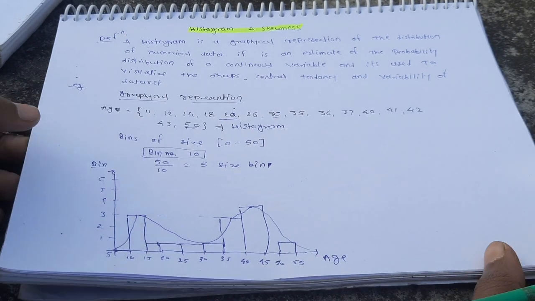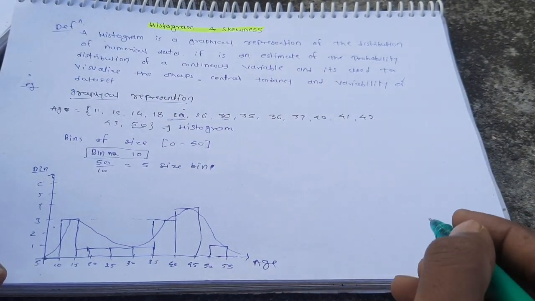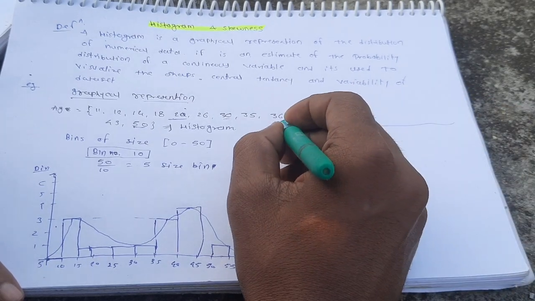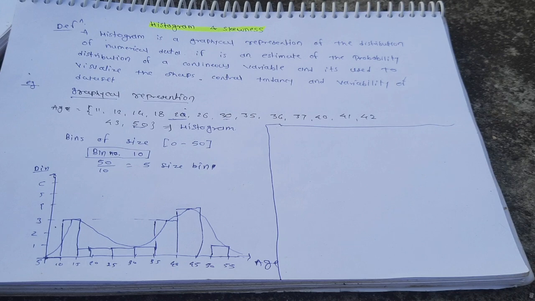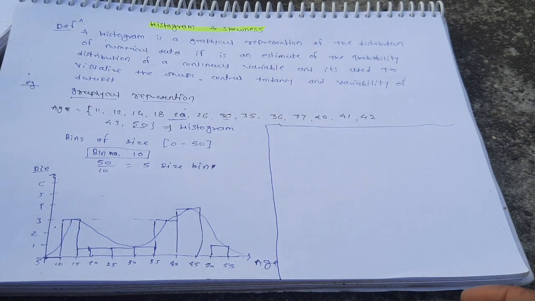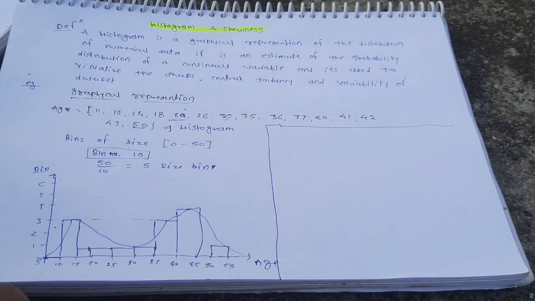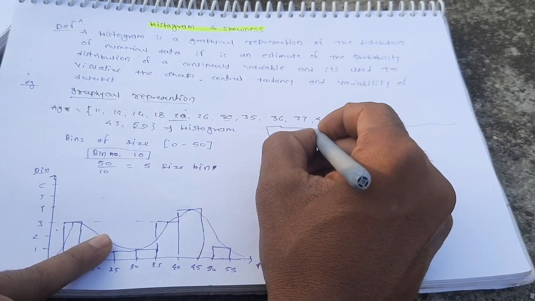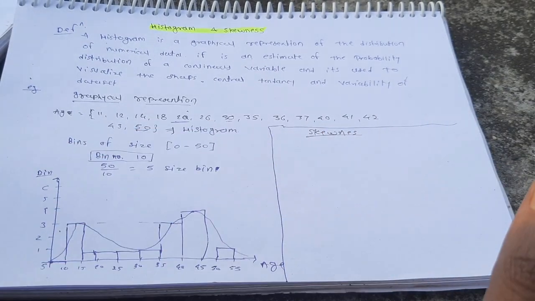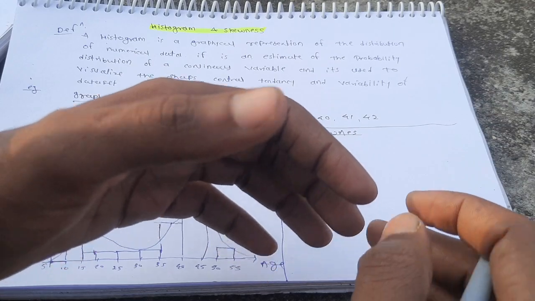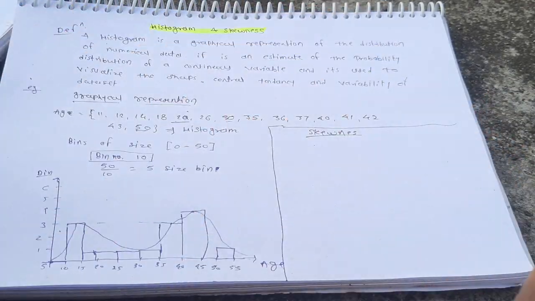Okay, so we start with another segment: skewness. What is skewness? Skewness is how the graph performs, or how the graph looks.